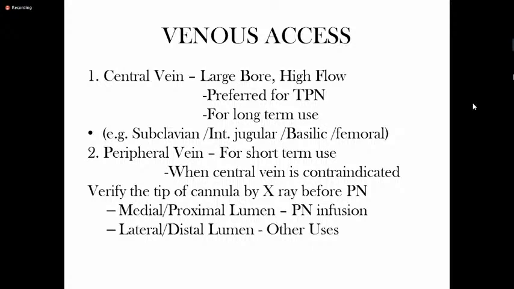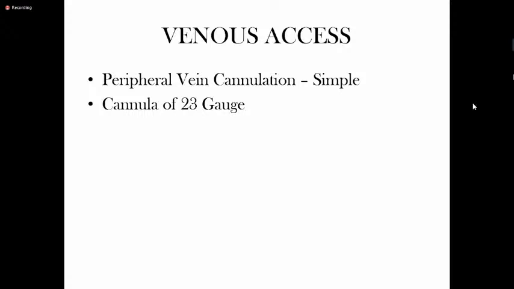Then we have a lateral distal lumen, which is for other uses. So the catheter has one tip, and that one tip may have two lumina. Peripheral veins can be used, and when we use them, we use a simple 23 gauge cannula.